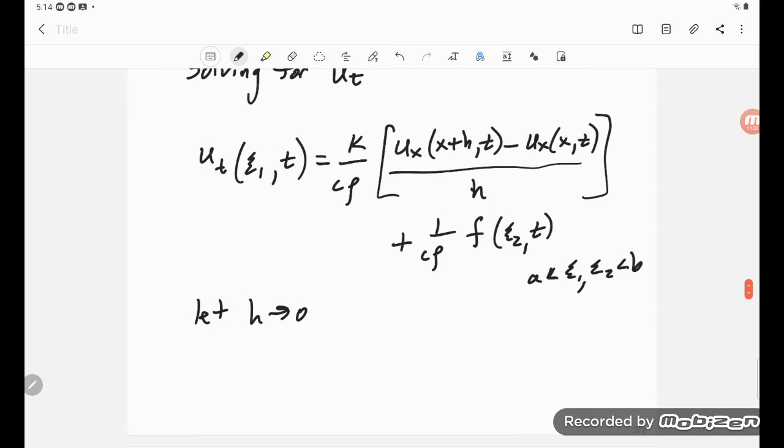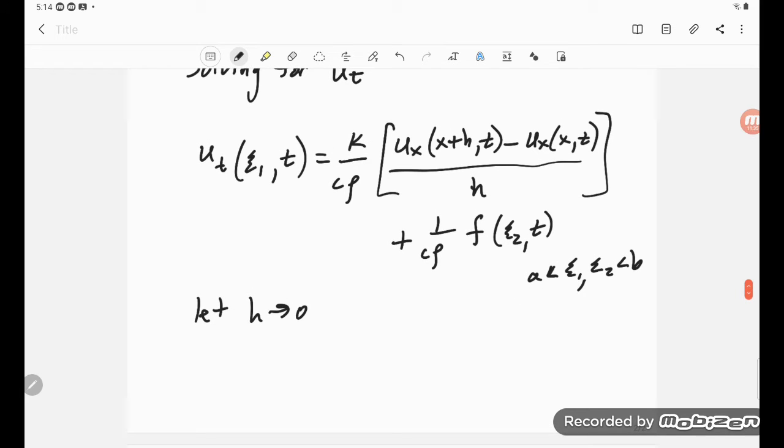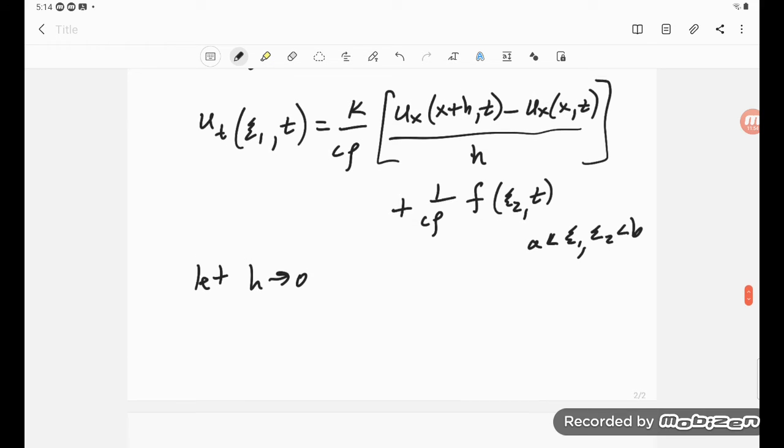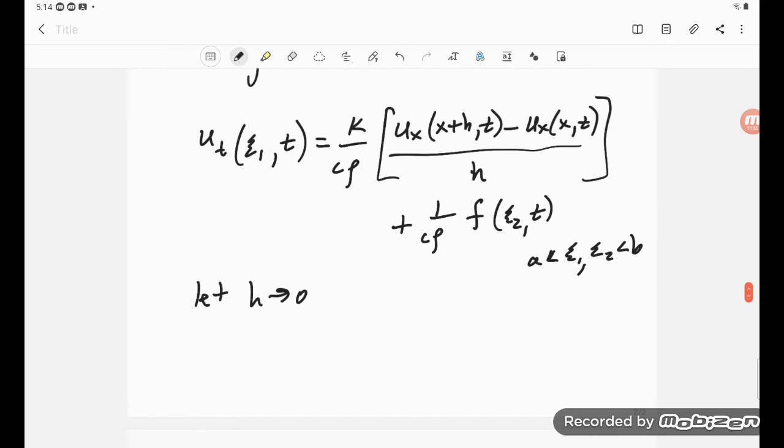When you do that, A and B are going to get arbitrarily close to each other. And so at that point, this C1 and C2 would be exactly the same value, but we're going to call it just the x that we end up at as we let h go to 0, that original x.